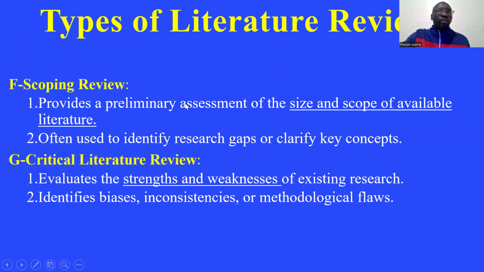So when you're talking about scoping review, it normally helps us to know the size and scope of the available literature. It's all about the time scope, the geographical scope, and so on. So once we analyze the scope and the size, we will find or realize that there are some gaps.